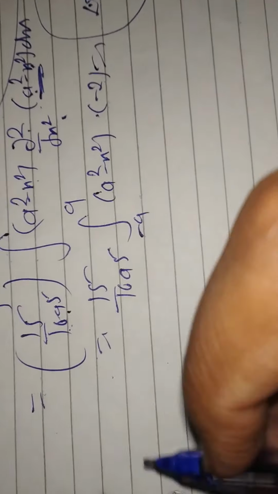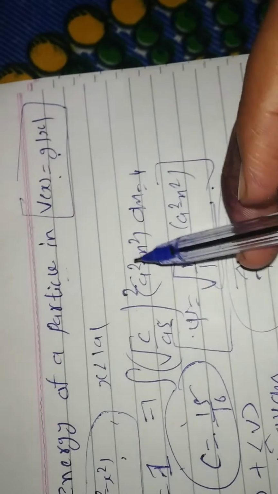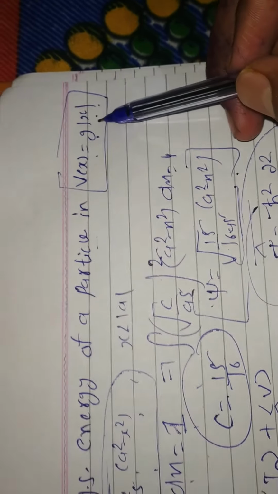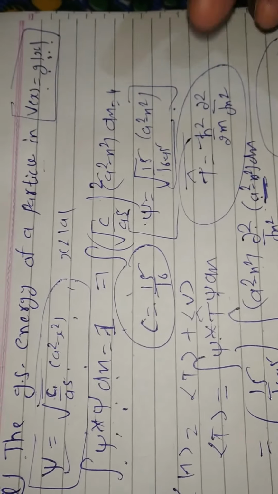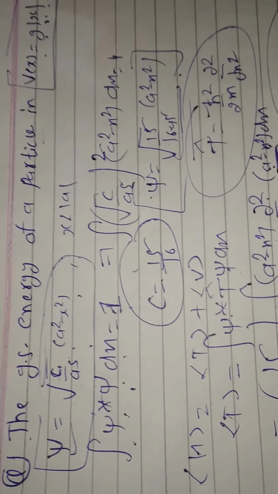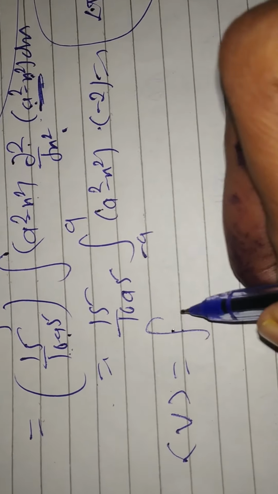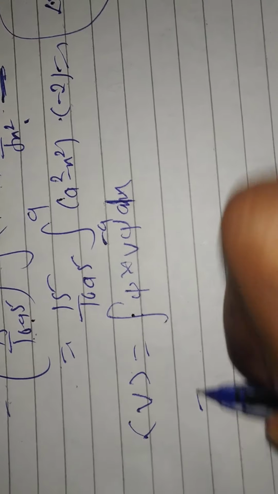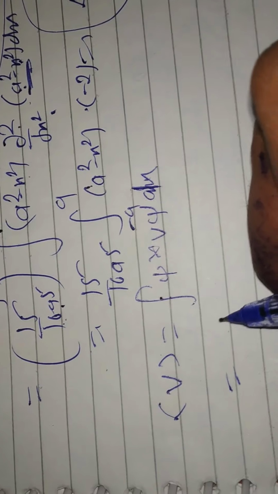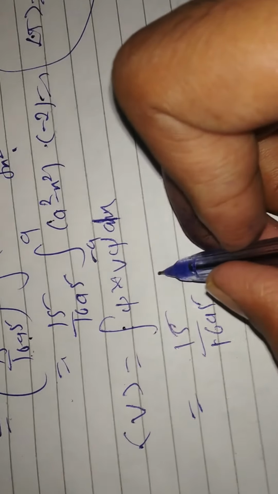Now we need to find the expectation of potential. We are already given V is g|x|, where the value of x can contain plus and minus both. Now the value is the integral of psi star V psi dx, then we will put the value of the wave function, 15 upon 16 a^5 will come out.